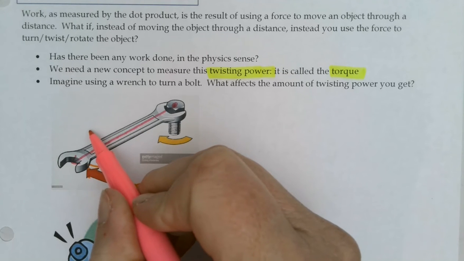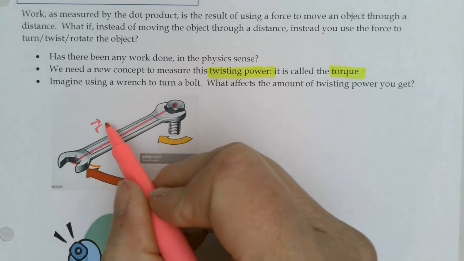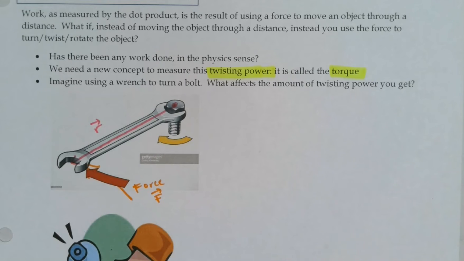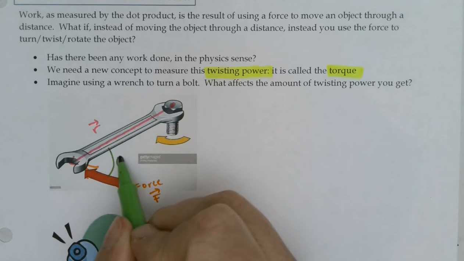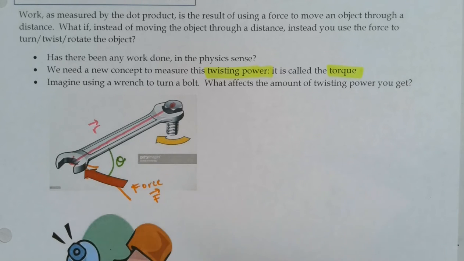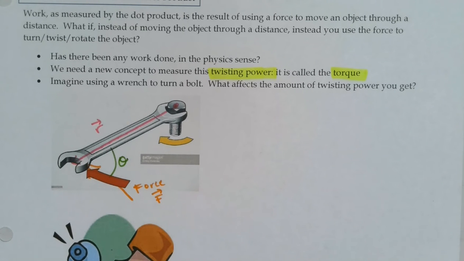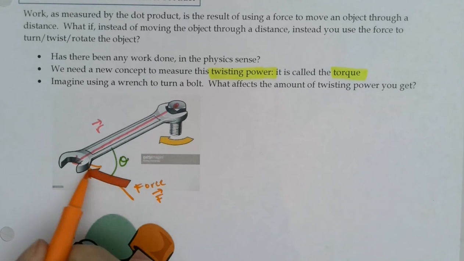And that's your radius vector. And then you have an angle that you're forming between your force vector and your radius vector.